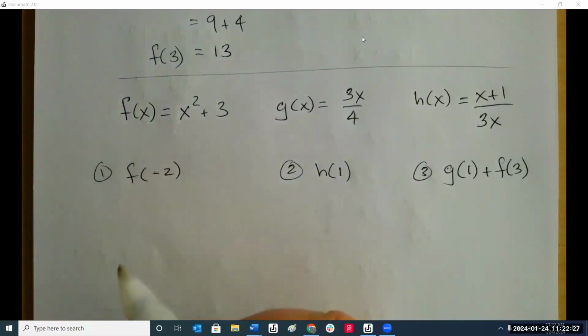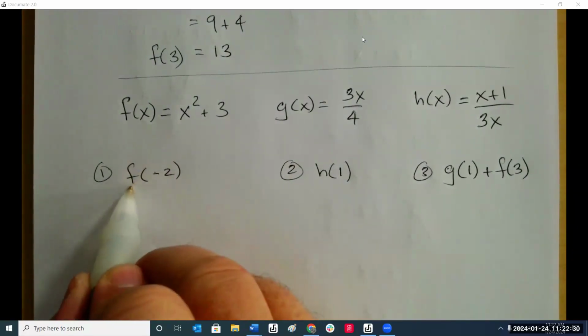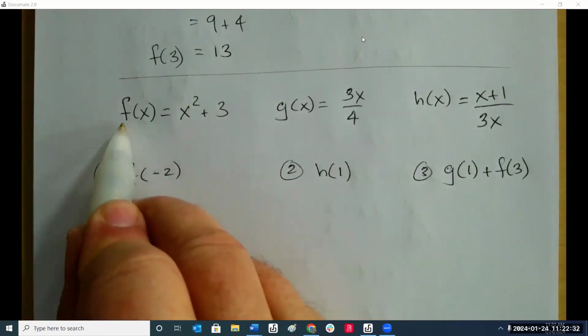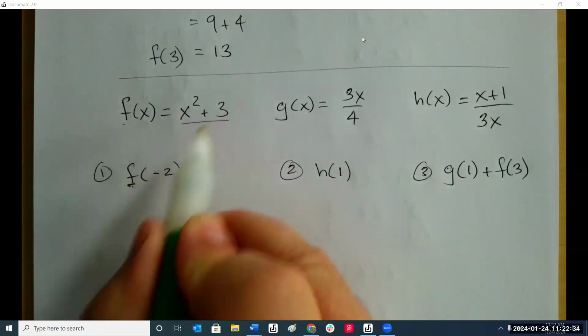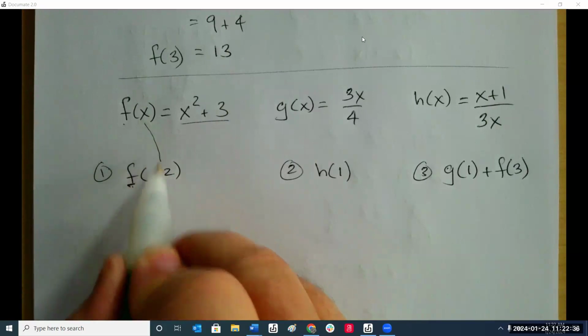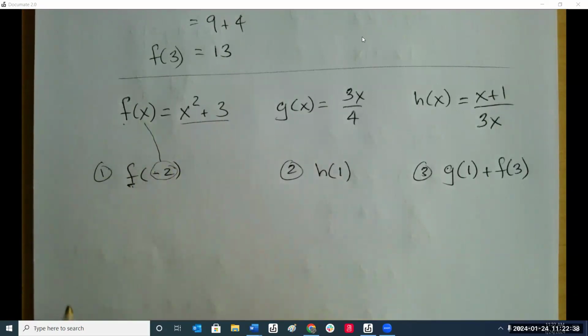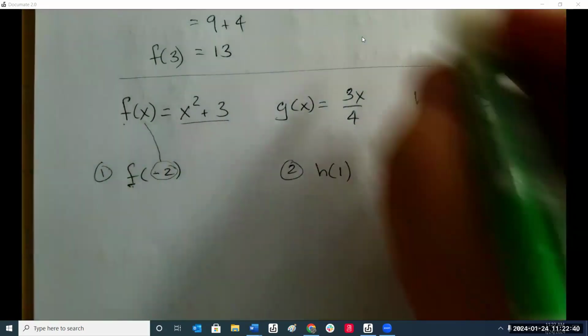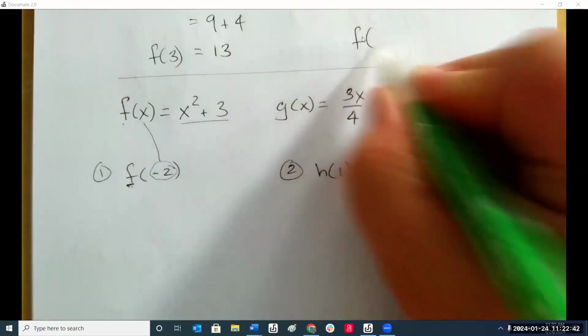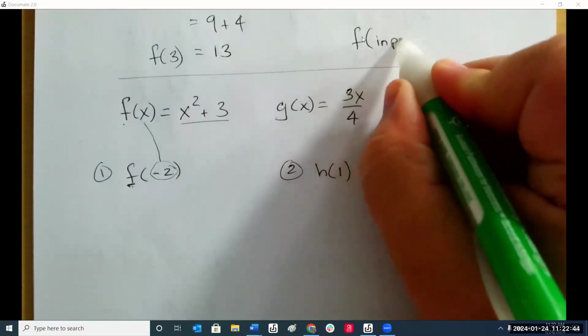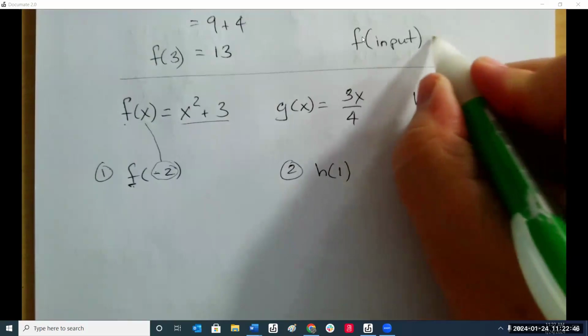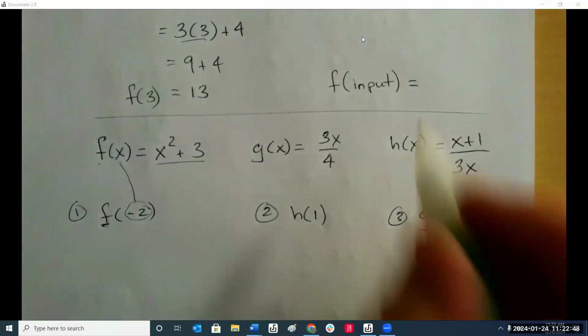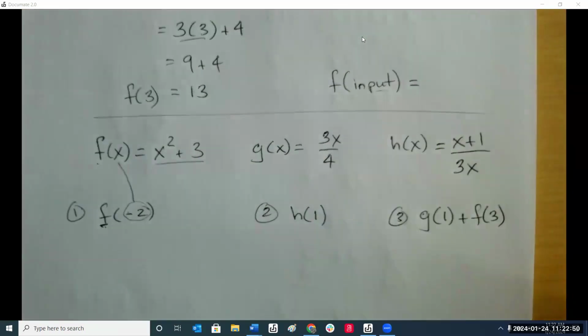So in this first one, this says I go to the function f. I use this equation. Anywhere I see an x, I put a -2. So in other words, what you really have here is this. Whatever's inside the parentheses is your input.